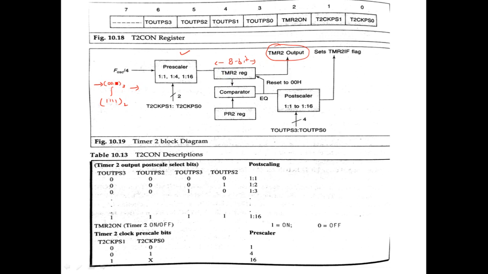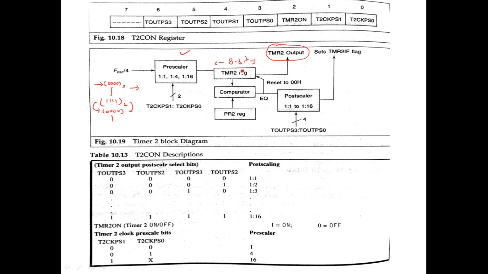Because there are 16 combinations of this, with every clock cycle here, the count will increment by 1. And after 16 clock cycles, when this becomes 1 1 1 1, after that it will go back to 0 0 0 0, the prescaler count, and when it goes to 0 0 0 0, then this will increment by 1.